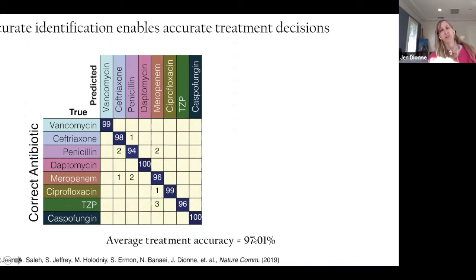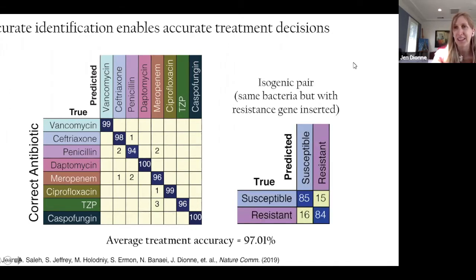When you first go into the hospital with a bacterial infection, a doctor should know very quickly what antibiotic to prescribe rather than just giving broad spectrum antibiotics. So we have an accuracy that is comparable or actually better than mass spec in determining the correct first choice antibiotic. And like I said, a lot of the misclassifications came with these so-called isogenic pairs, which are the same bacteria, but with the resistance gene inserted.